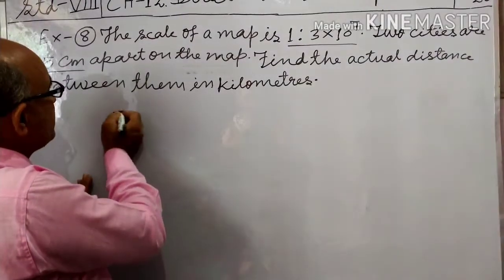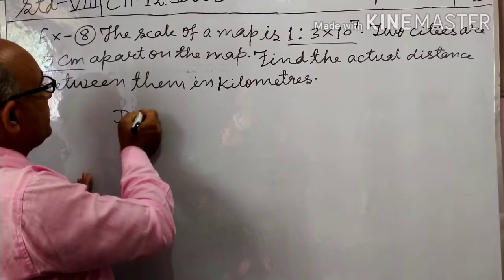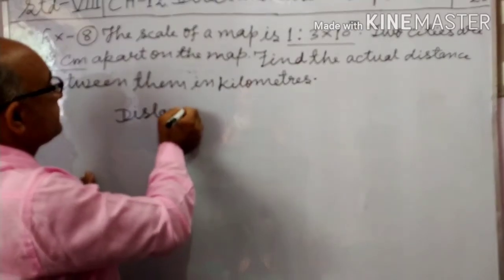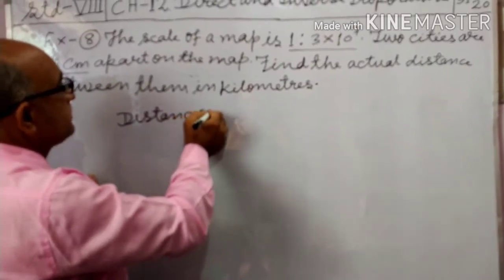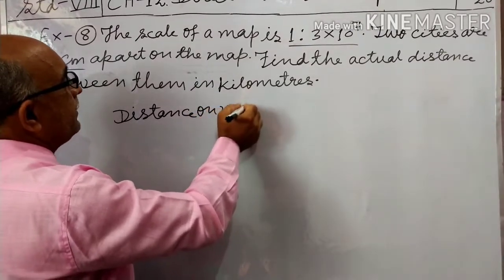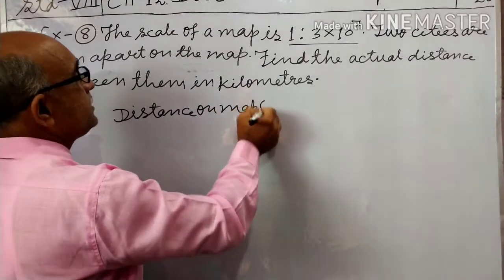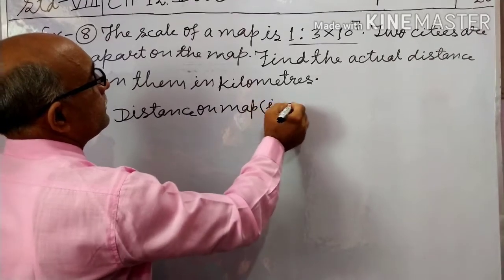Write first in first column, distance on map in centimeter.